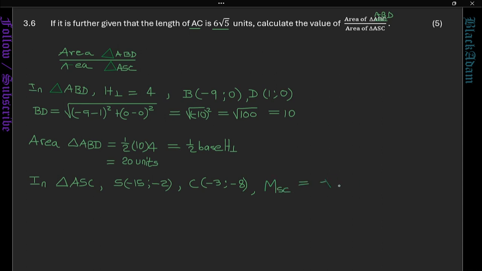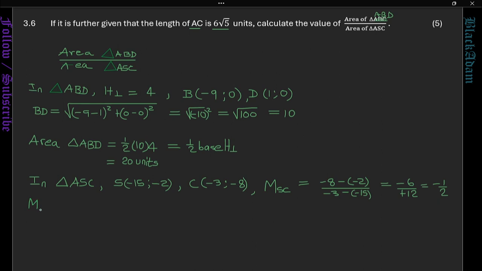So gradient SC is going to be negative 8 minus negative 2, all over negative 3 minus negative 15. So that means that we have negative 6 over positive 12, which gives us negative 1 over 2.